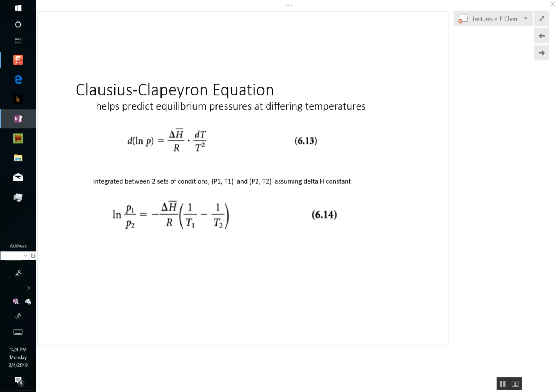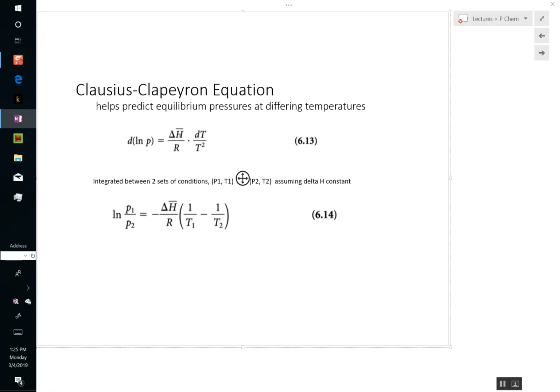Okay, the Clausius-Clapeyron equation helps predict equilibrium pressures at differing temperatures. What's the equilibrium pressure going to be? And here are two forms of it. The differential of the natural log of the pressure is equal to delta H over R times dT over T squared.